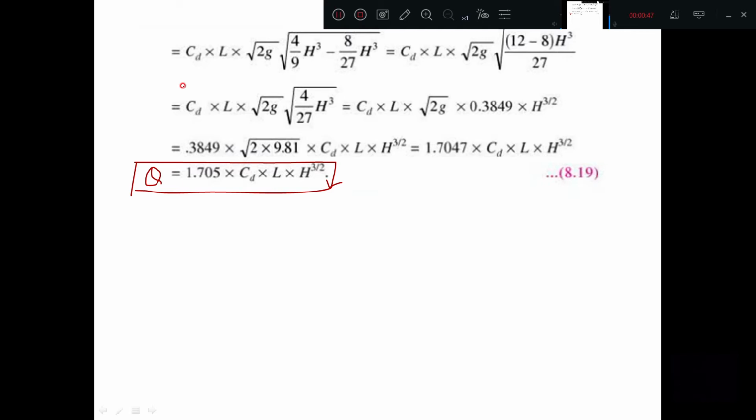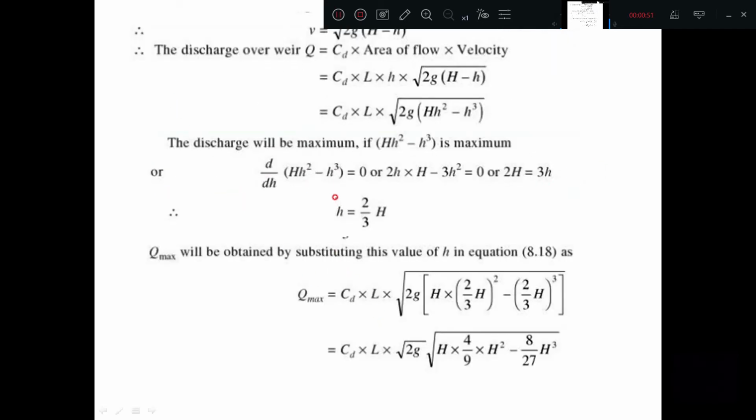If we substitute the value of h, after differentiation with respect to small h, we finally get h equal to 2/3 of capital H, that is, the head over the crest of the weir.